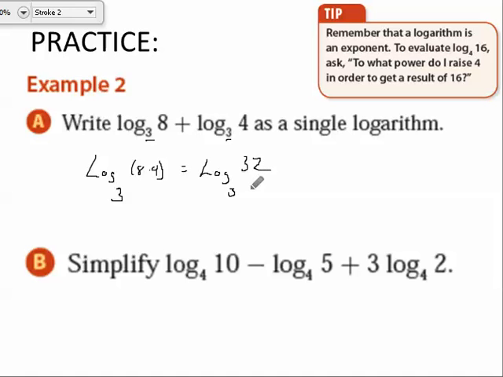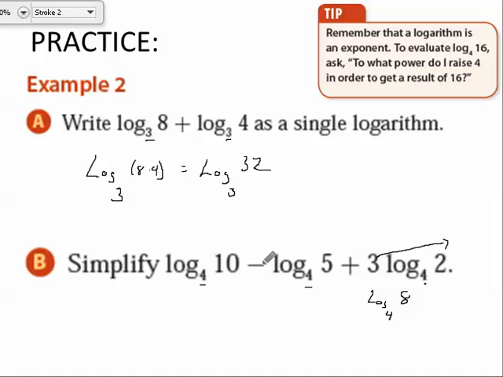That's a single logarithm. Looking at this one, I've got log base 4s in every one of these, so I'll be able to combine these. First of all, I see this coefficient. I'm going to move that as an exponent over that 2. Okay, so that's going to be log base 4 of 2 to the 3rd power, or 8.